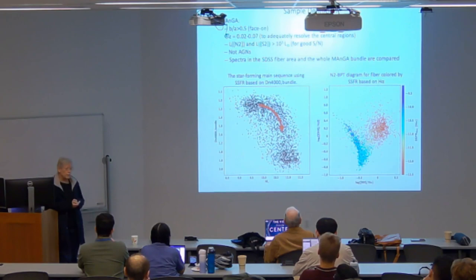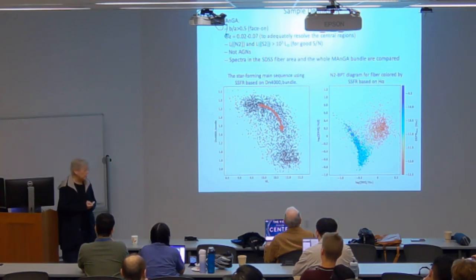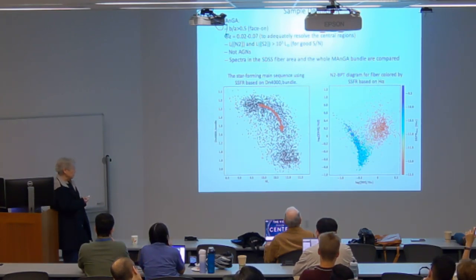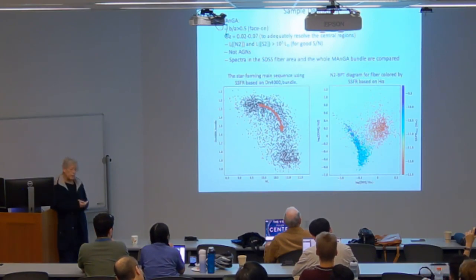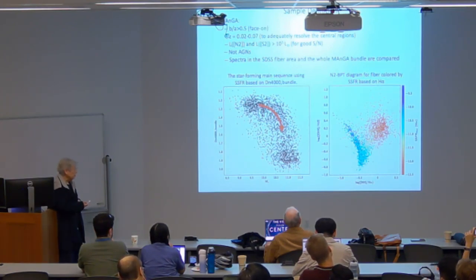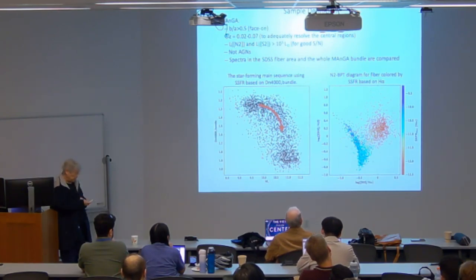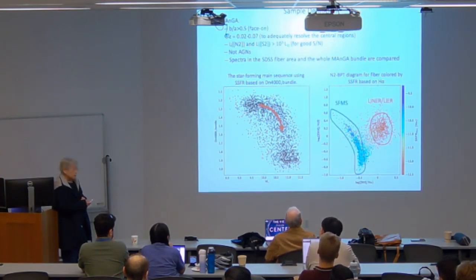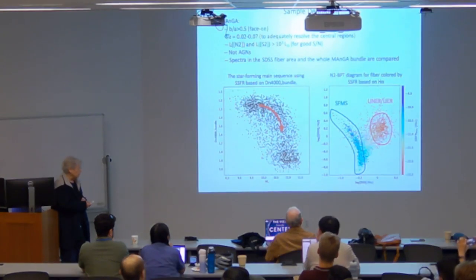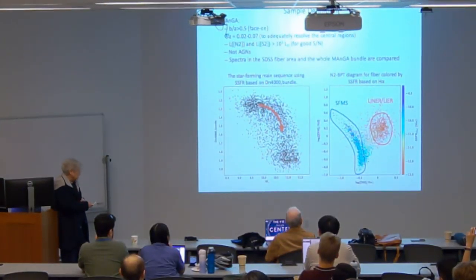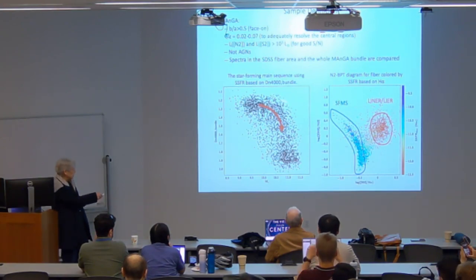Okay, so here is a twin diagram, a BPT diagram for the same sample. And I'm coloring here by the specific star formation rate based on the H alpha. And this happens to be for the fiber. So you'll note that there are subpopulations here. This population here is strongly star-forming, and we can call it the star-forming main sequence.